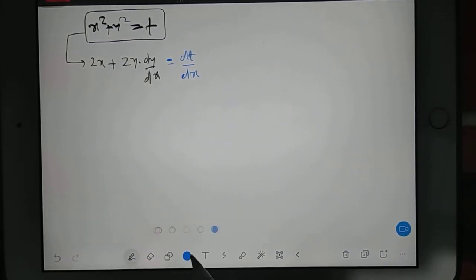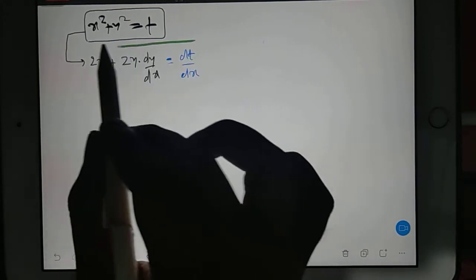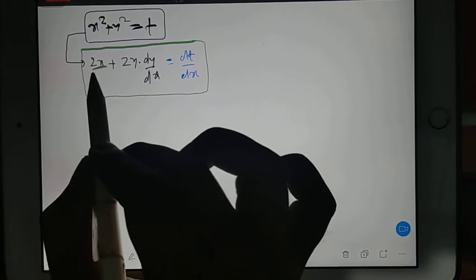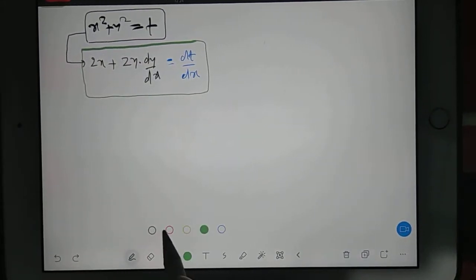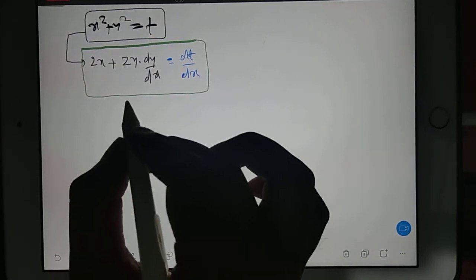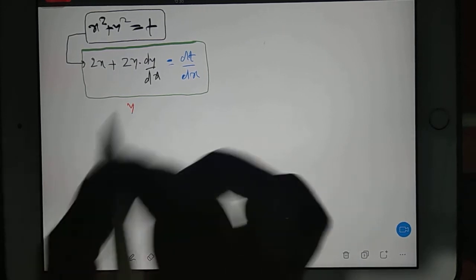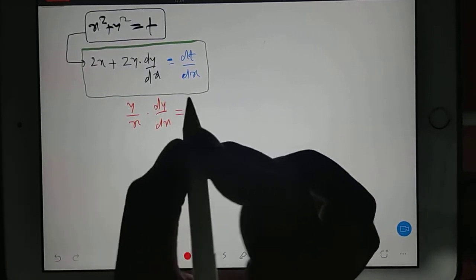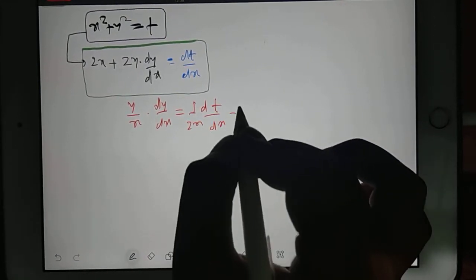Now see here, in this equation, if I divide by 2x, then I will get the exact value in the question. So let's divide by 2x. So I will get y by x into dy by dx is equal to 1 by 2x dt by dx minus 1.